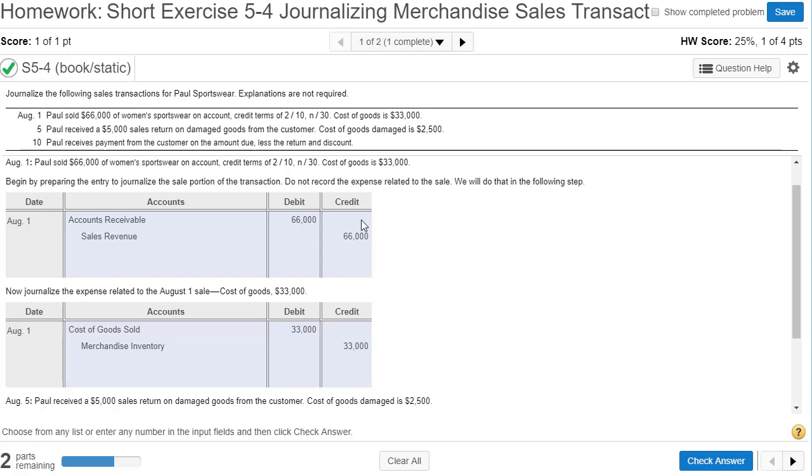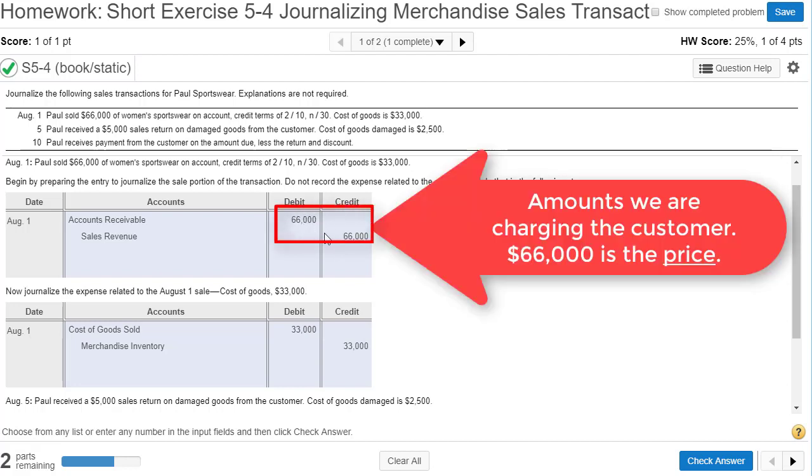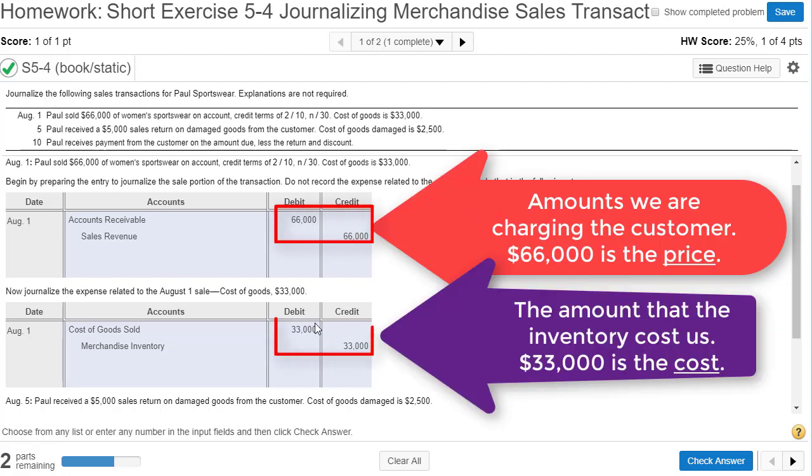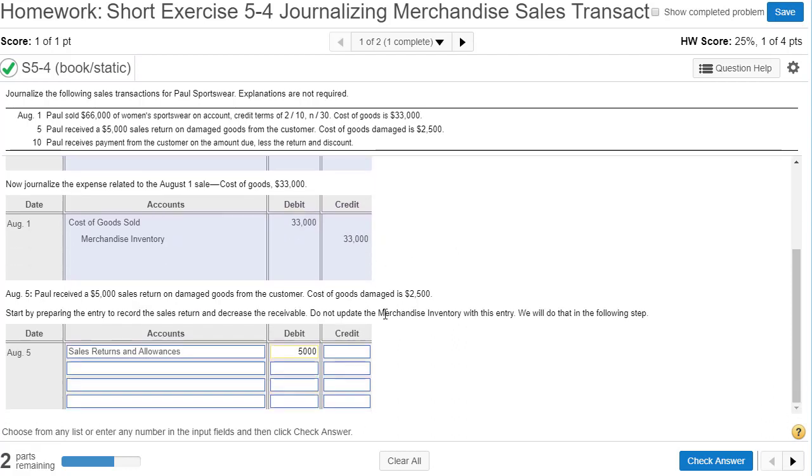This first transaction, the amounts are what we're charging our customer. The second transaction is how much that inventory cost us. So when we do the return, the first one is going to include numbers that we're charging the customer. We were going to charge them $5,000, so that's why we're using the $5,000 and not the $2,500.